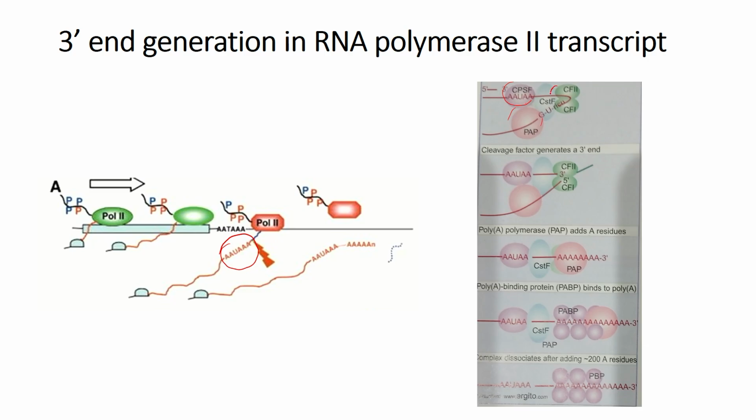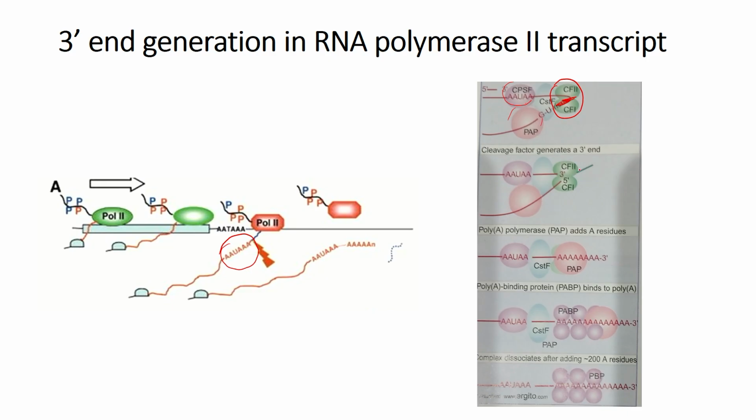So this is the nuclease which will be able to cut this. So now when this is cut, the 3' end is generated.